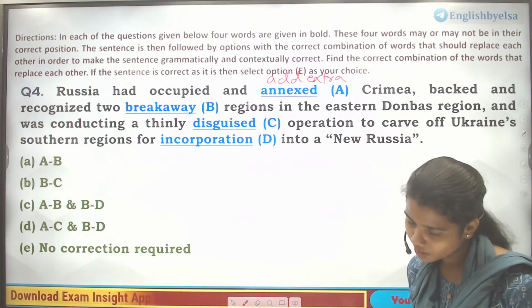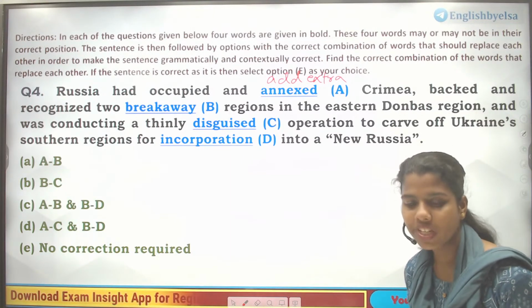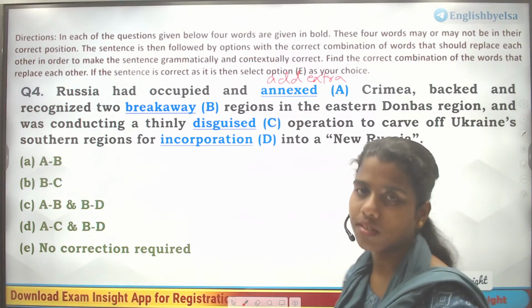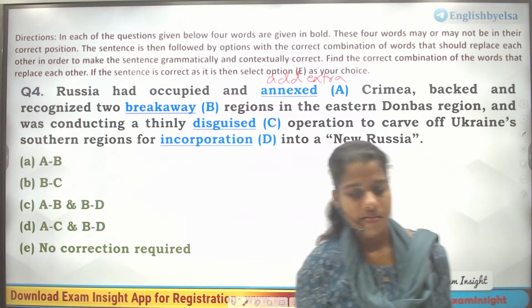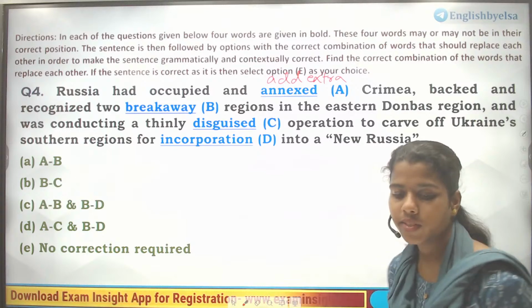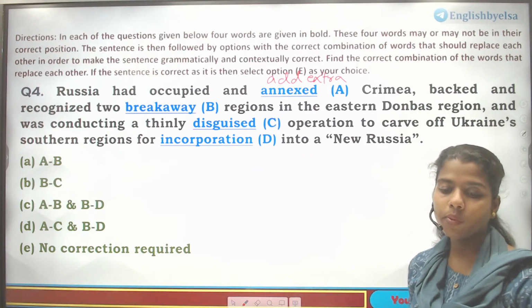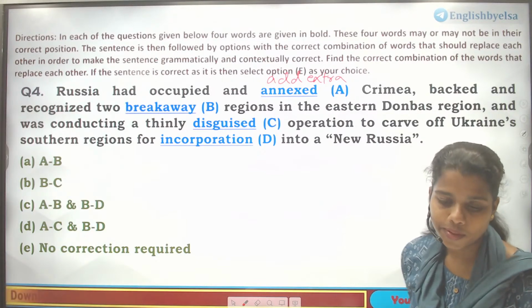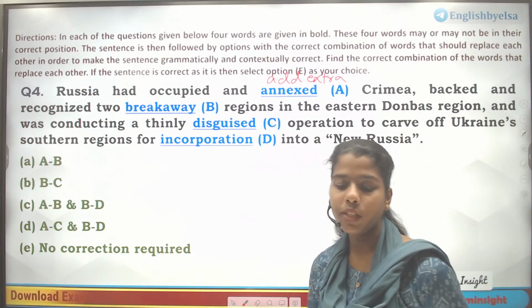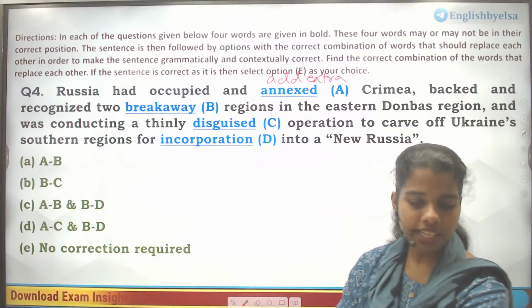Very time consuming. I knew it, because I can see the frequency of answers. In synonyms or antonyms, or the second topic which we took, one word substitution, the frequency of answers was more. But in this, I am seeing only 2 or 3 people answering. So I can understand.